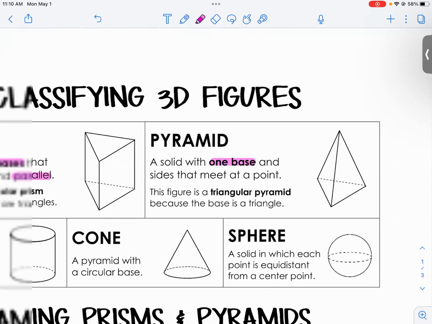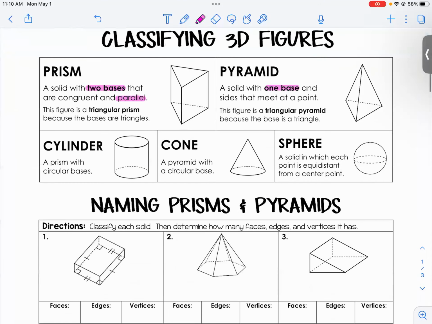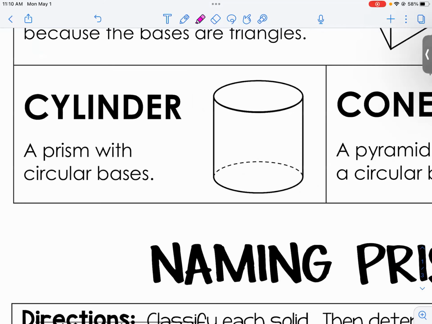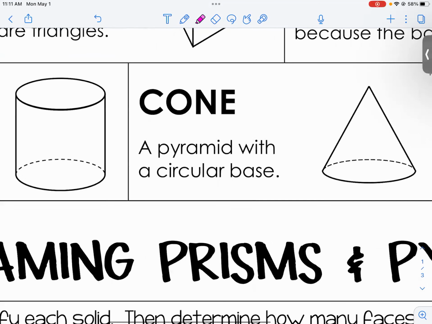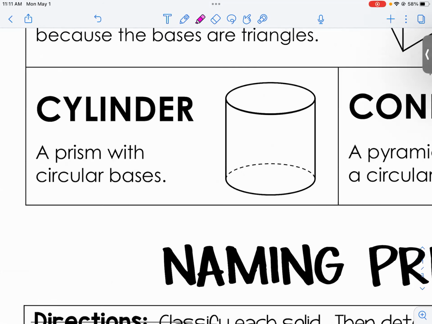Now, you did a very good job identifying what a cylinder looks like, what a cone looks like. I would say that a cylinder looks very similar to a prism. It just has circle bases. A cone looks very similar to a pyramid.